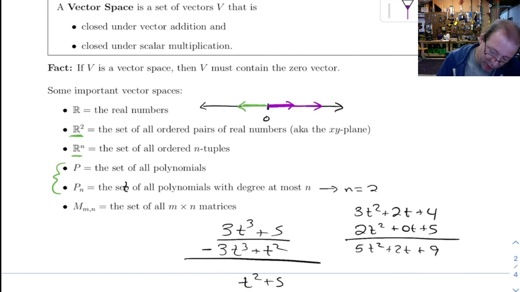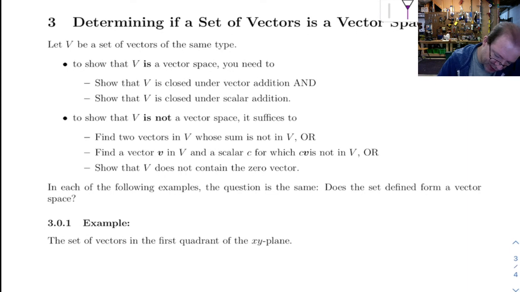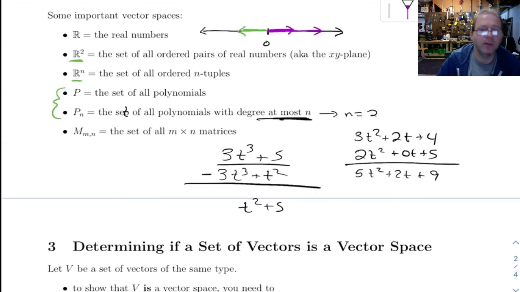So the set of all polynomials with degree at most n forms a vector space. And also the set of m by n matrices forms a vector space. So that's the definition. I want to do some examples of figuring out if a given set of vectors is actually a vector space. And we'll do that in the next video.